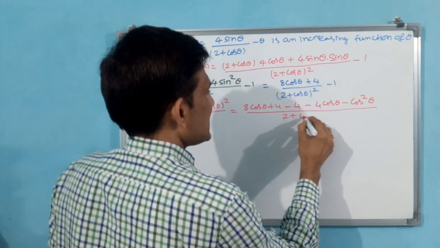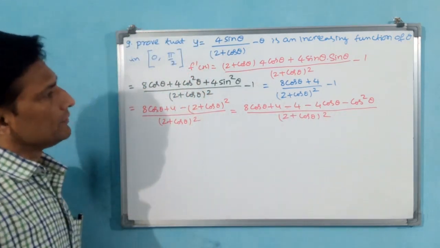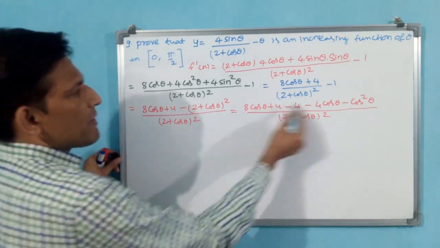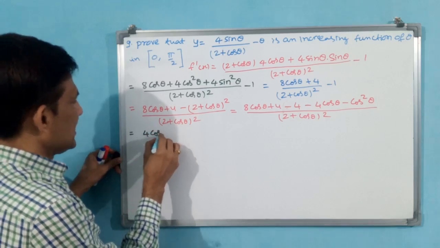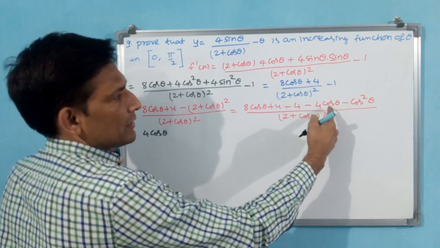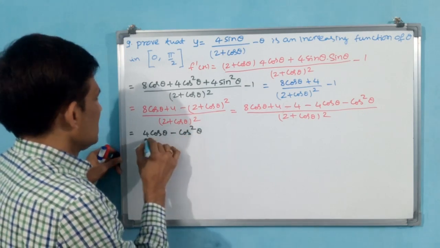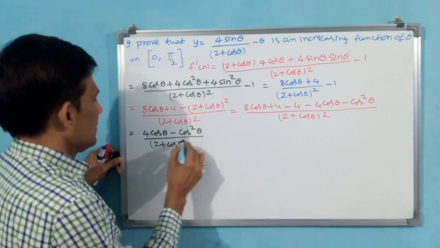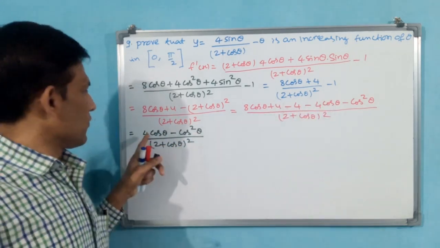2 plus cos theta whole square. Okay. Now you see plus 4 minus 4 got cancelled. 8 minus 4 cos theta, 4 cos theta. Is it okay? Minus cos square theta over 2 plus cos theta whole square. Why? Because 8 minus 4, 4.